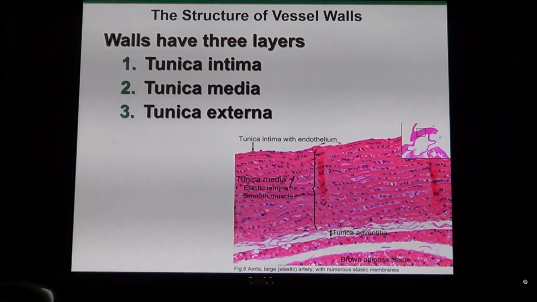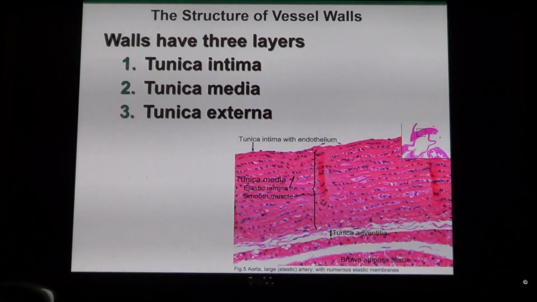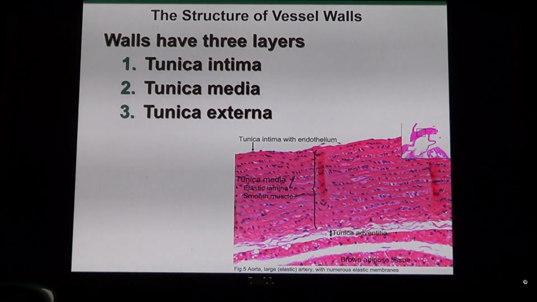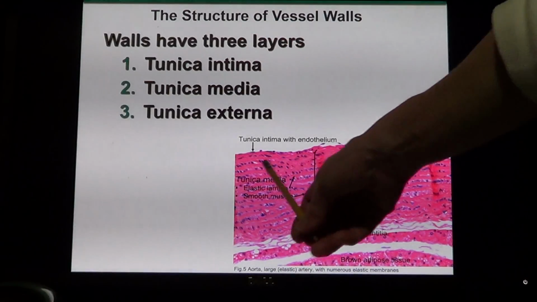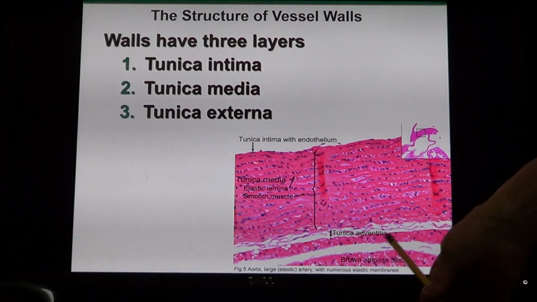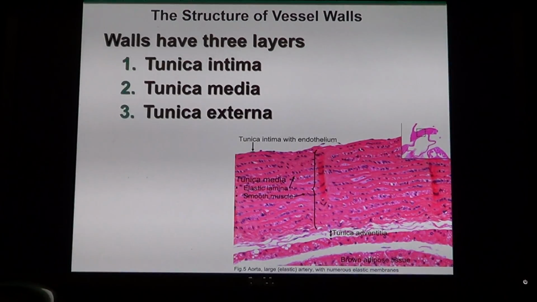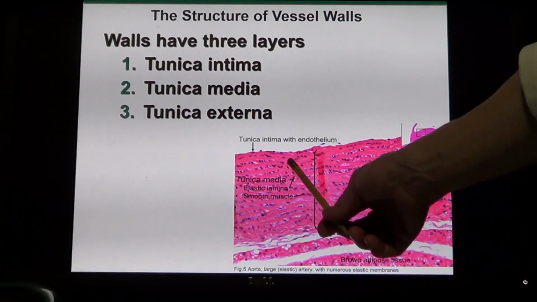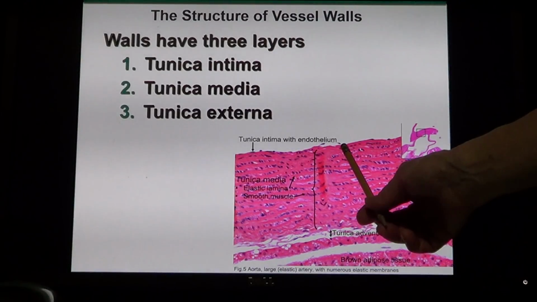This is how all tunicas look microscopically, in a large magnification of a section of the blood vessel. This is a longitudinal section, so you see a nice tunica media here, vasculature, tunica adventitia, which is a regular connective tissue, and here you have tunica intima with endothelial cells.